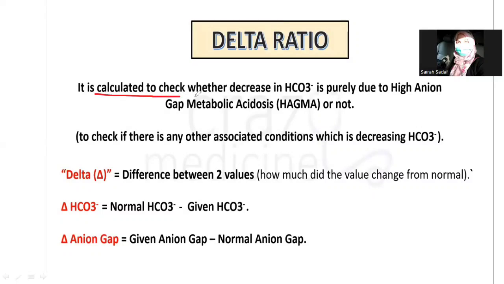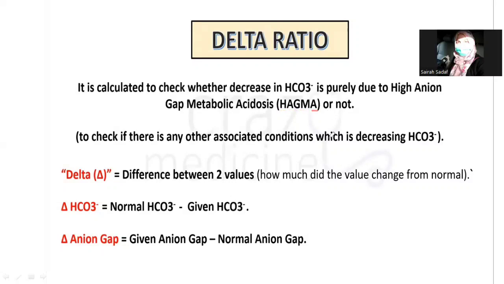It is calculated to check whether a decrease in bicarb is purely due to high anion gap metabolic acidosis, also known as HAGMA. First of all, I will tell you what is HAGMA and what is NAGMA. We will be using these terms from now on in this session. HAGMA is high anion gap metabolic acidosis.